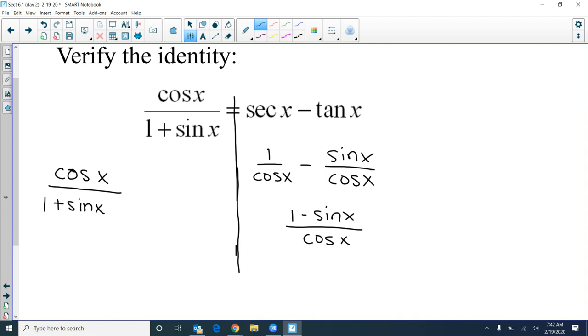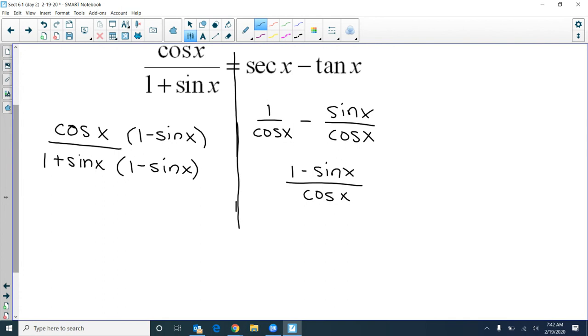All right. And you got to multiply top and bottom because it has to be basically a factor of 1, so you don't change the value of the fraction. So I'm going to multiply this by 1 minus sine of x. Multiply it by 1 minus sine of x. Okay, got to multiply top and bottom by the same thing.